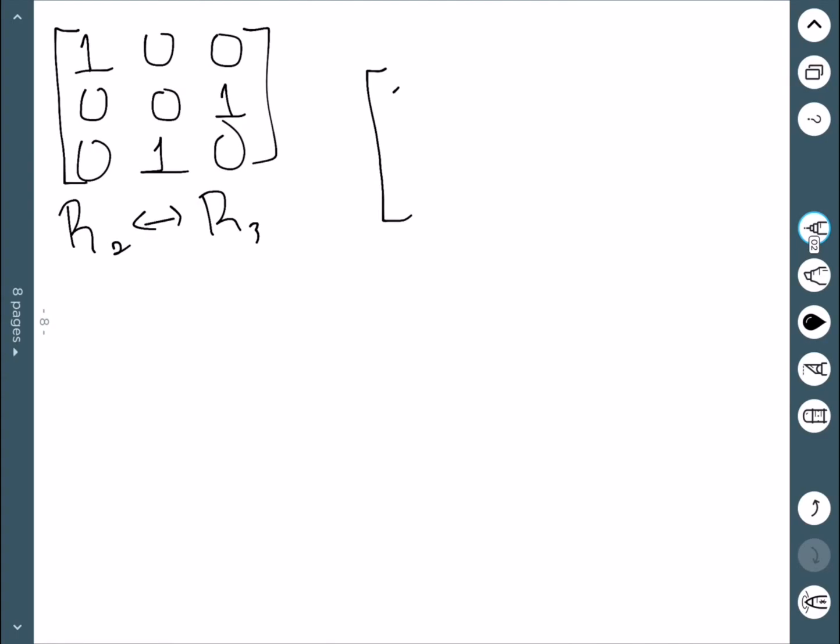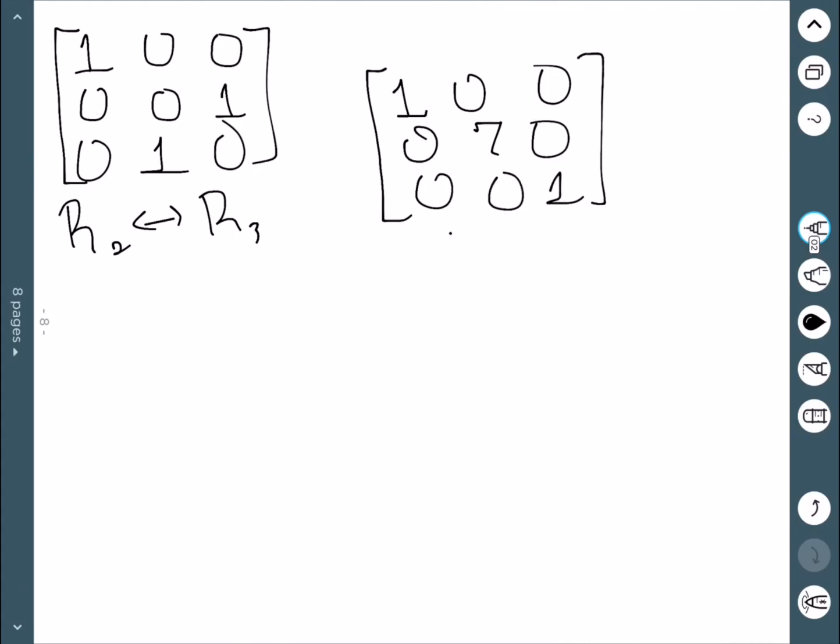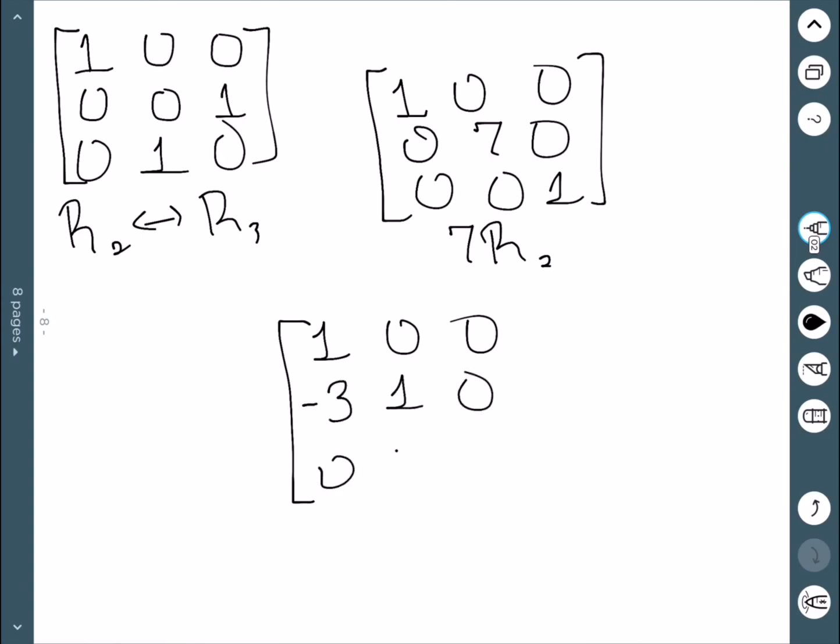In addition, I could multiply a row by a number. In this case, I multiplied the second row by 7. I can also add a multiple of one row to another. Here, I added -3 row 1 plus row 2. So these are all elementary matrices.